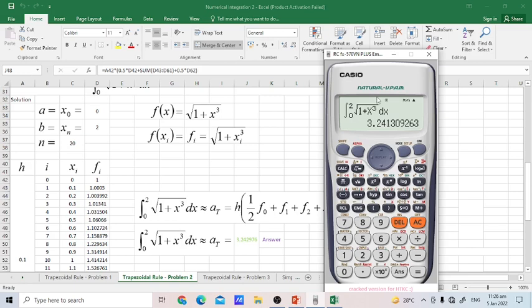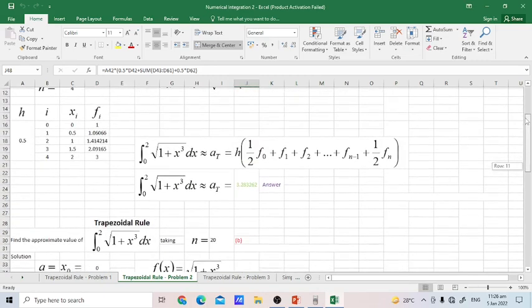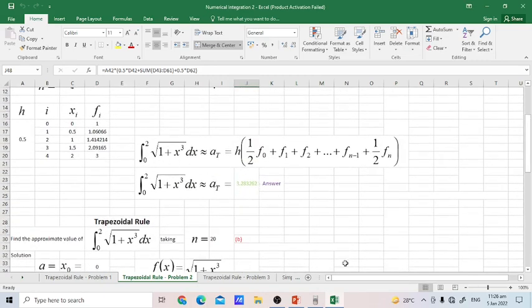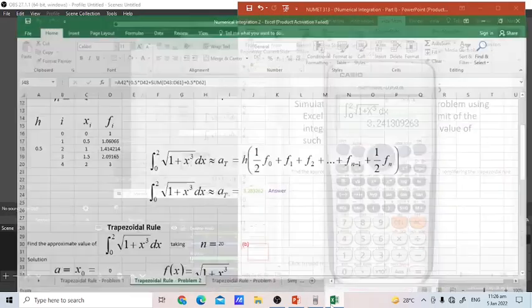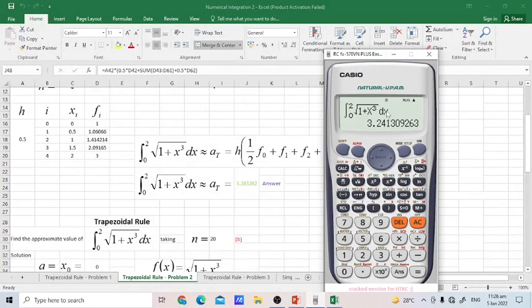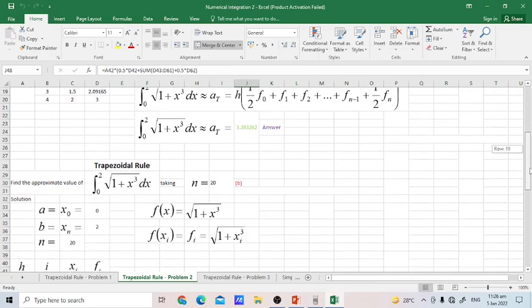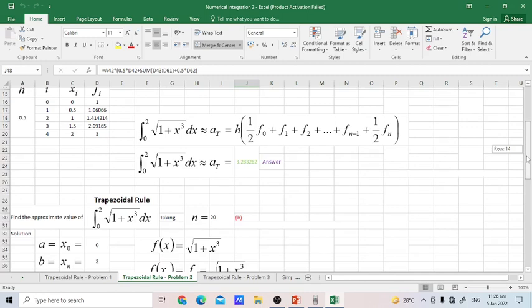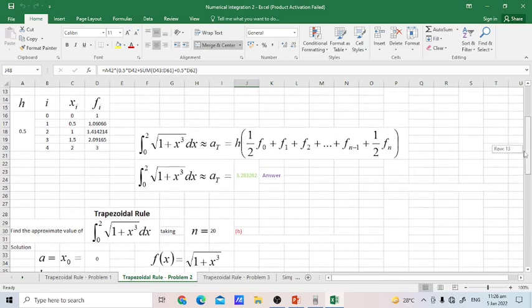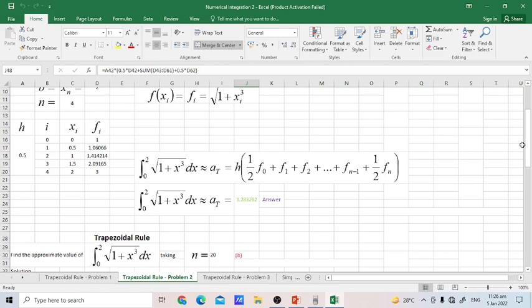So the value gets closer as n increases. Here, n is 4, which is far from 3.2413. But when I increase n, the value gets closer to the exact value. That is why this is our topic: approximation of an actual function value for the area.